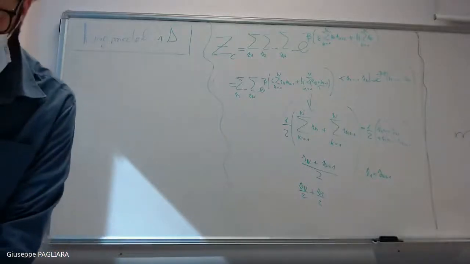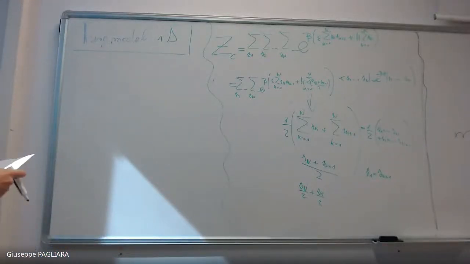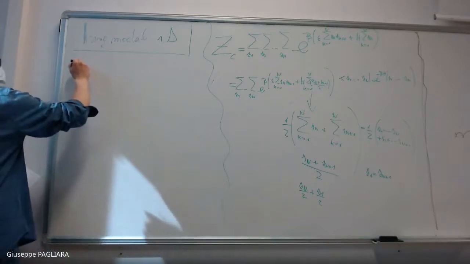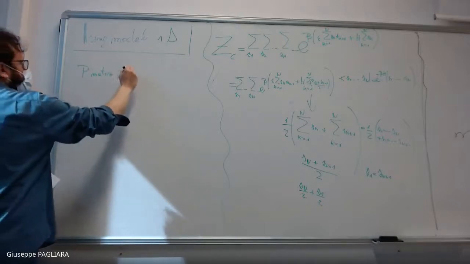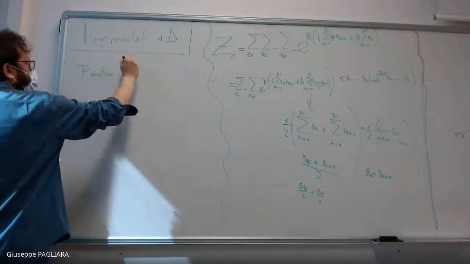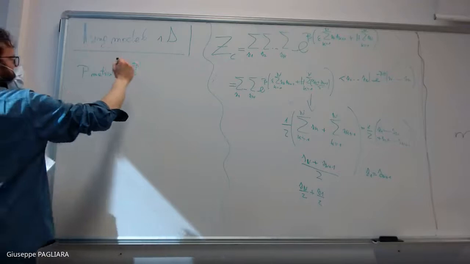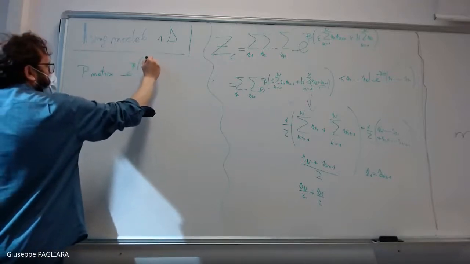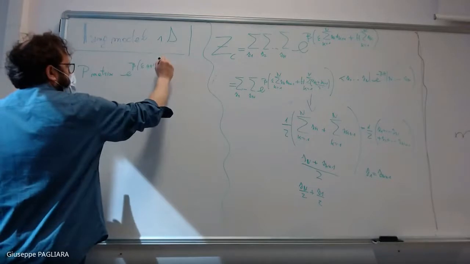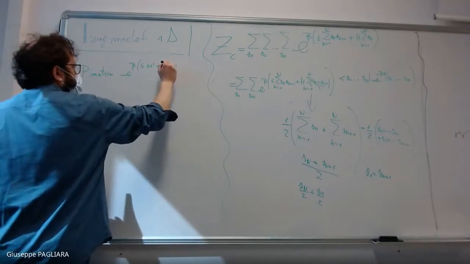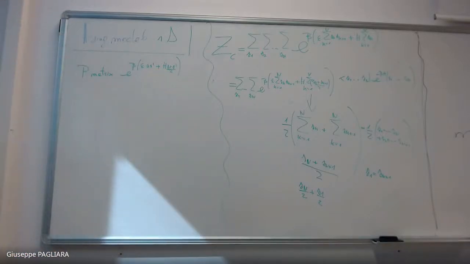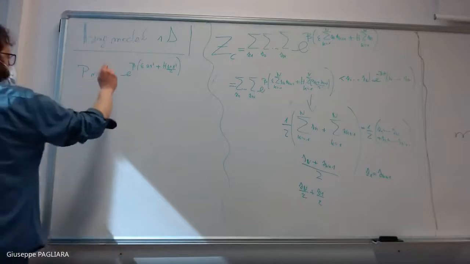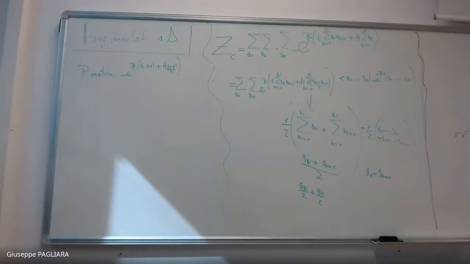But before doing that, let me introduce a matrix that I call P, and this is the matrix associated with e to the beta (epsilon S S' plus h (S plus S')/2). It will be clear in a moment what I mean and why it is useful to introduce this matrix.